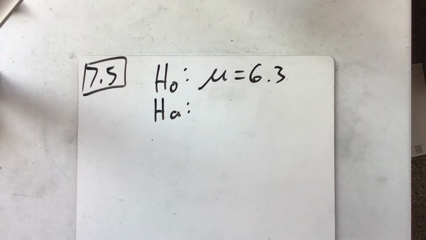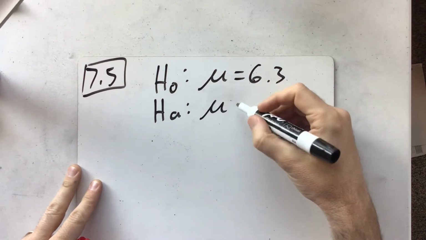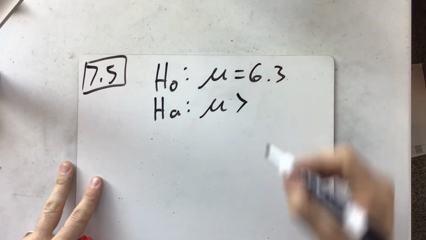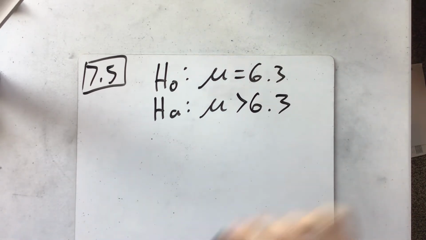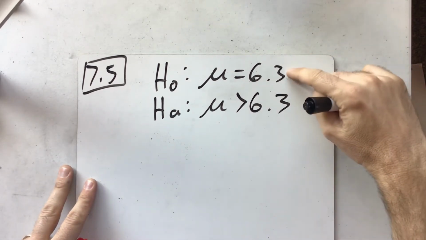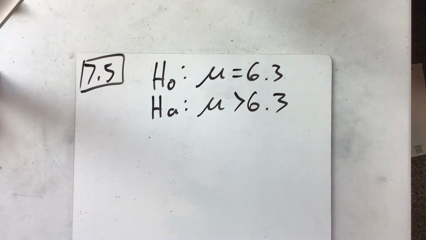But we've been watching our flies and they feel like they're really big. So we are going to use our alternative hypothesis that we believe that our flies are actually bigger than the national average. So notice this, if there's no difference between our flies, this is our number. If there is a difference and what we're trying to prove is true, then our flies are bigger than that number.